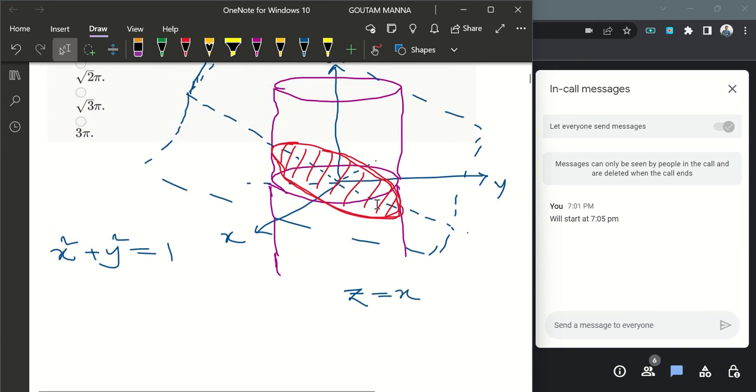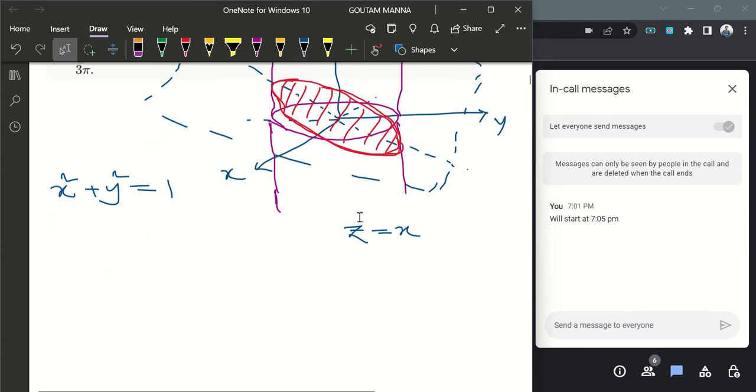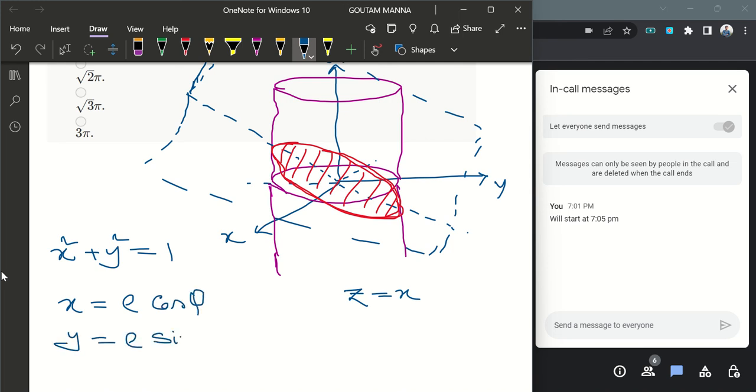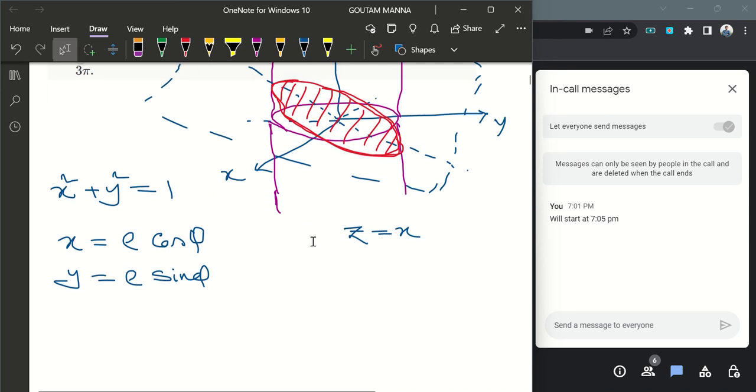So basically, in order to cover this entire surface, for the x and y coordinates, as it is satisfying the equation of a circle in the xy plane, we will parameterize it like x equals some rho cos phi and y equals rho sin phi.